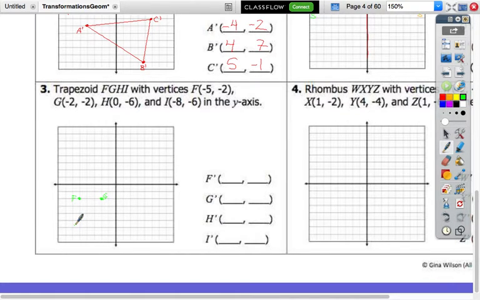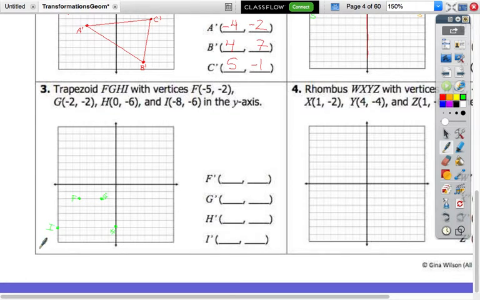Then I've got H, which is 0, -6. So I'm going to start here. 0. Does that mean I go left or right? No, right? I'm just going to go down 1, 2, 3, 4, 5, 6. So that's H. And I is negative 8, negative 6. So I go all the way across and down 6.